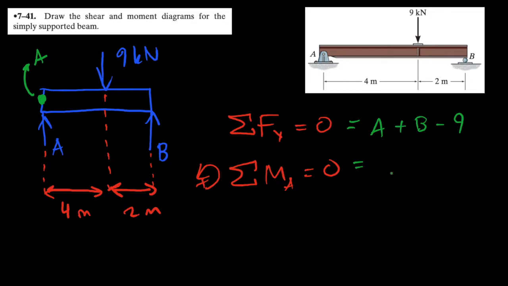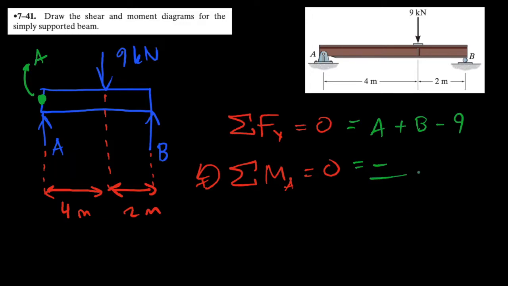Now, returning to the solution of our problem, we say that this 9 kilonewton force is causing an overall clockwise rotation. So that means it has a negative sign, because the convention states if the moment contribution is causing a counterclockwise rotation, then we have a positive moment contribution.